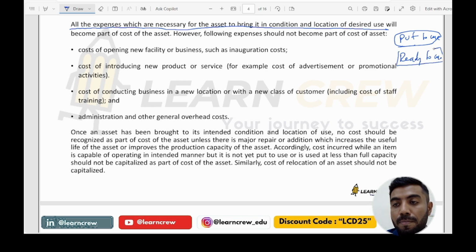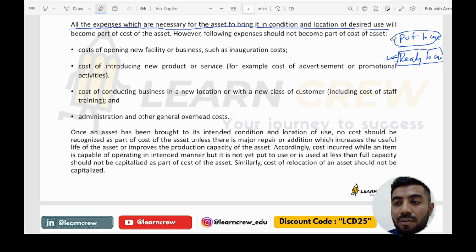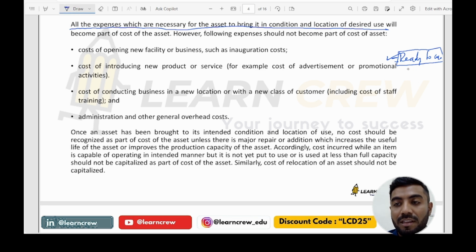In accounting, whatever cost has been incurred for the asset to be ready for use is to be considered, till the asset is ready for use. In income tax, we use put to use. For your syllabus, I'm just telling you. But in accounts, we always use the words ready to use. Till the asset is ready to use, all the cost incurred is to be capitalized.